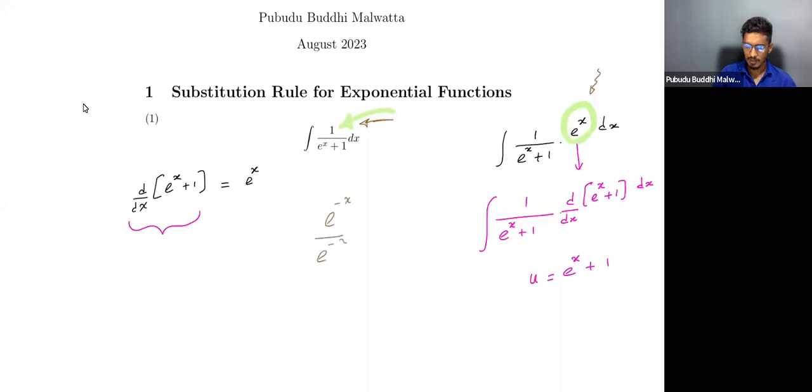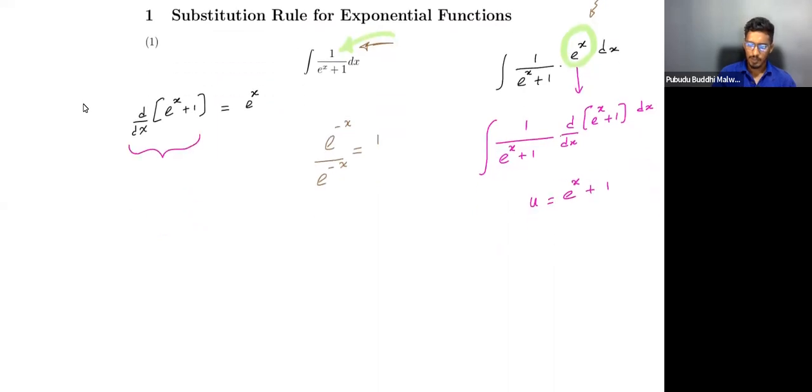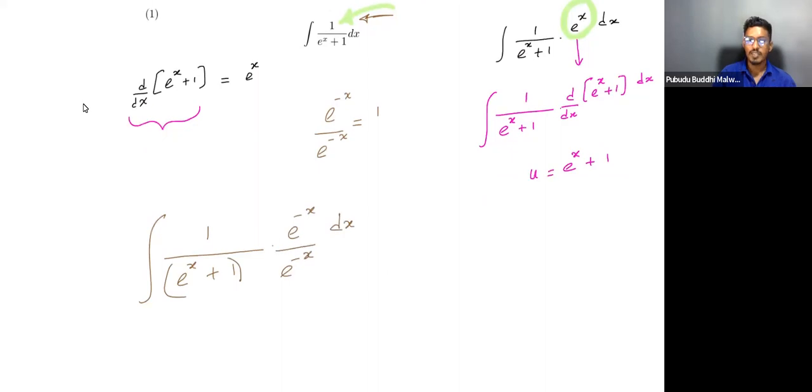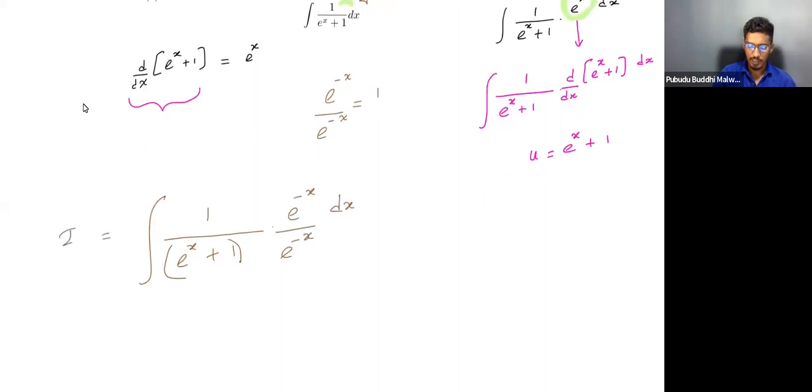Like this, exponential minus x over exponential minus x, that's 1. So I'm going to do that, because that's the process of creating an exponential x term in the numerator. And also we can simplify the denominator.